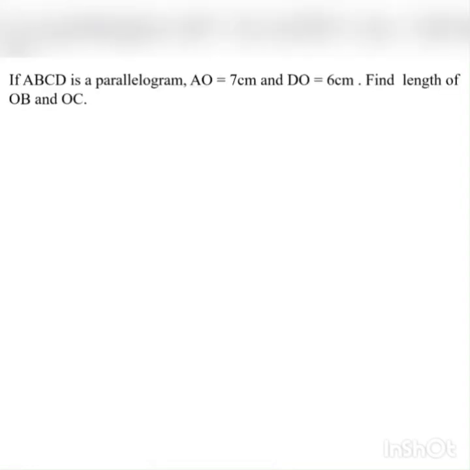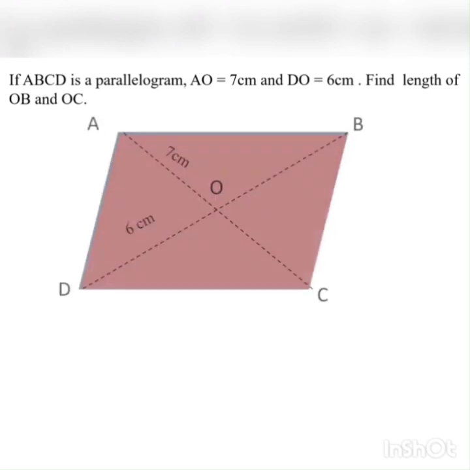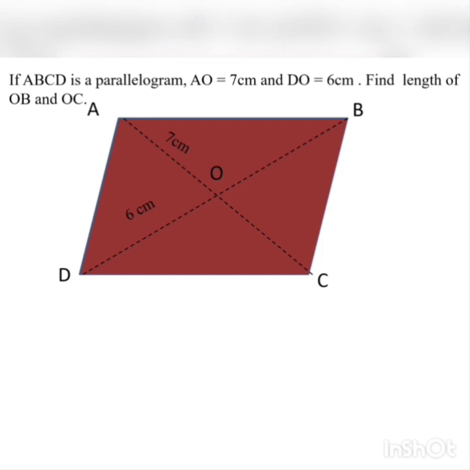Let us solve a simple problem based on the previous theorem. If ABCD is a parallelogram, AO is equal to 7 cm, DO is equal to 6 cm, find the length of OB and OC. From the previous theorem, we know that the diagonals of a parallelogram bisect each other.